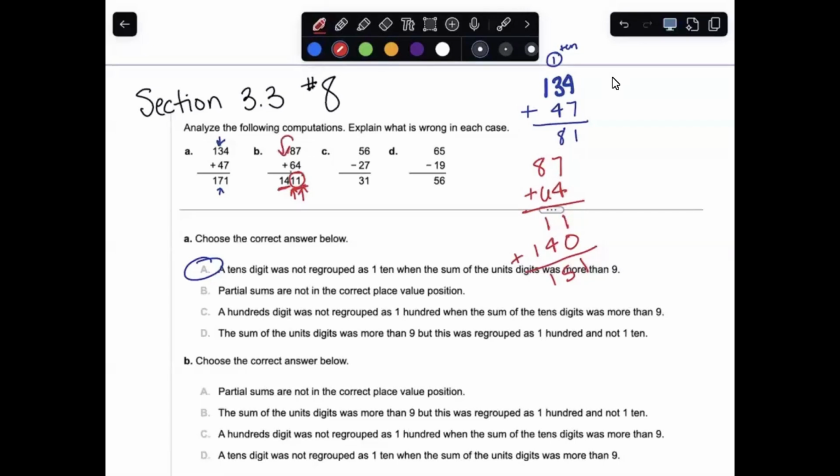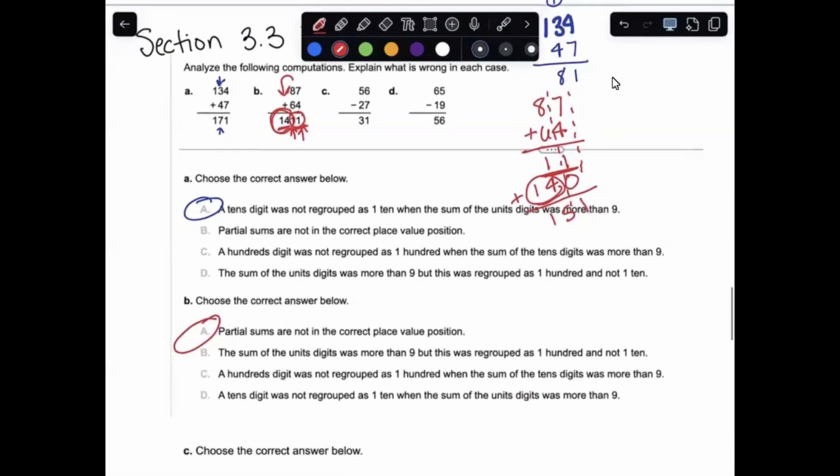So really what this means is that they've said that there are 14 hundreds, but there are really 14 tens. That would result in the partial sums not in the correct place value positions. Because if we're doing partial sums, we would have 11 ones ending in the ones place, and 14 tens would end in the tens place.